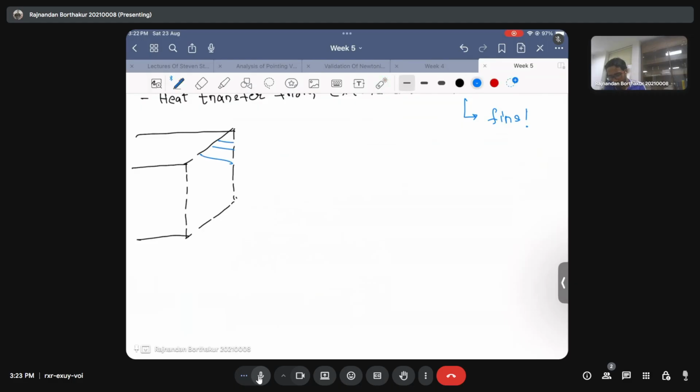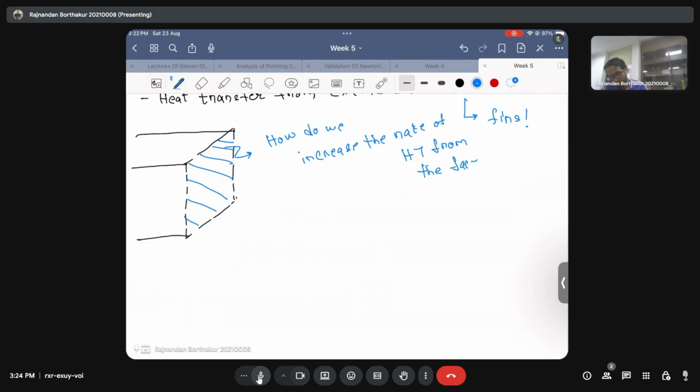What we want to do is dissipate heat faster from this face, or, to be more precise, we want to increase the rate of heat transfer from this face. So the question we are asking is, how do we increase the rate of heat transfer from the face?